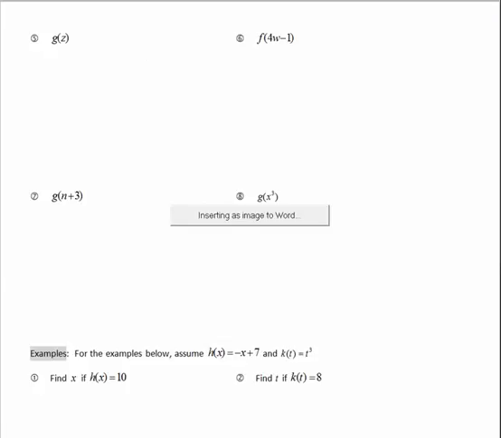Here's a couple more examples. Sometimes we need to plug not just numbers but expressions into our functions. So if I asked you to find g of z, all I'm really telling you to do here is to replace the n's with z's. So I would simply get z squared.